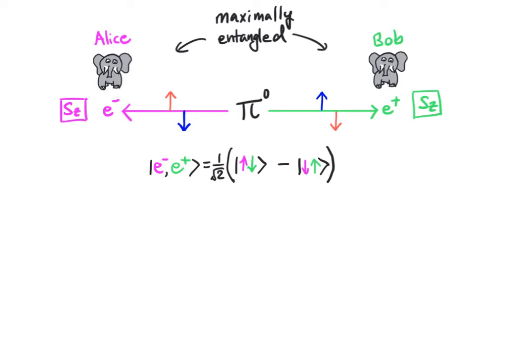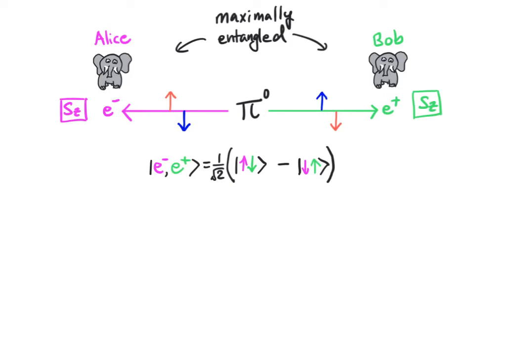The reason is that Alice's electron is neither spin up or spin down until she measures it. And Bob's positron is neither spin up or spin down until Bob measures it.